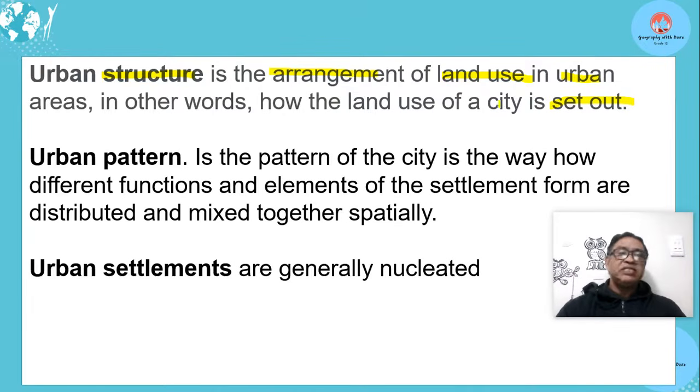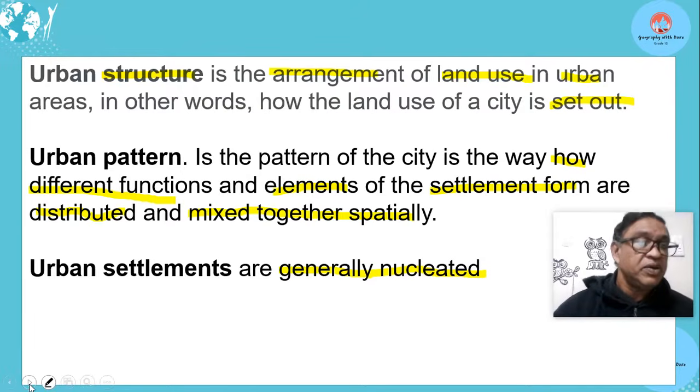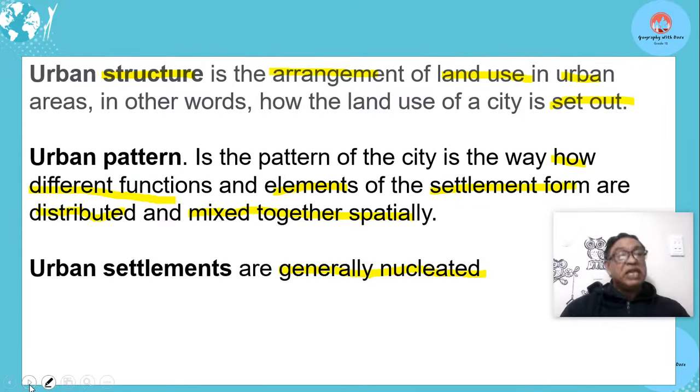Along similar lines, the pattern is how different functions and elements of a settlement form, how they are distributed close to each other or far away from each other, and how they are mixed spatially. And once again, I've done this in past lessons. Urban settlements are generally nucleated. So that's our little baseline.